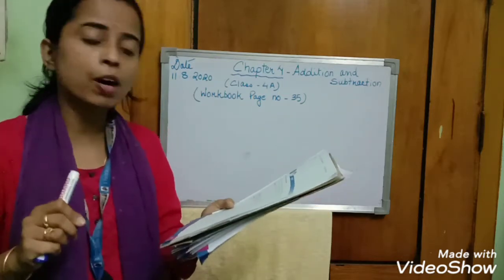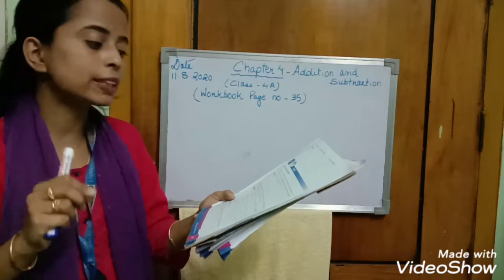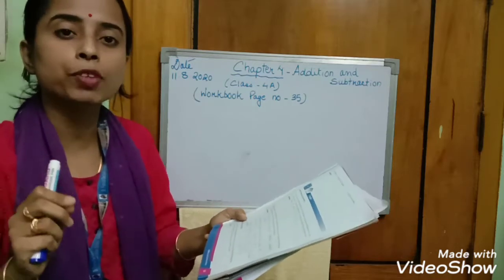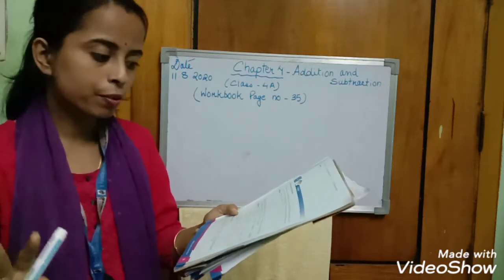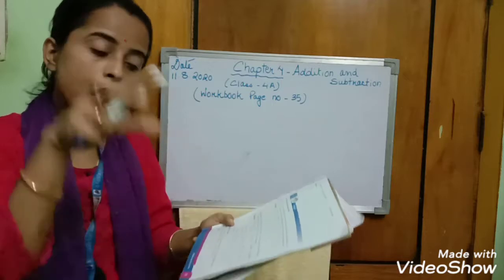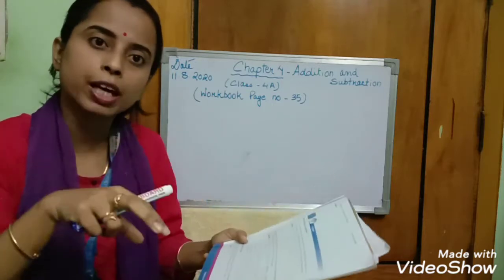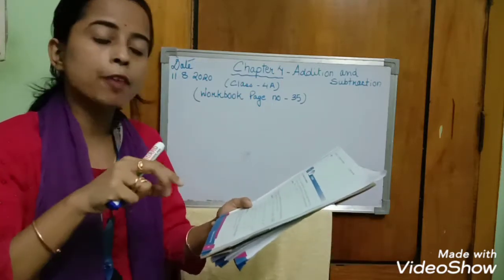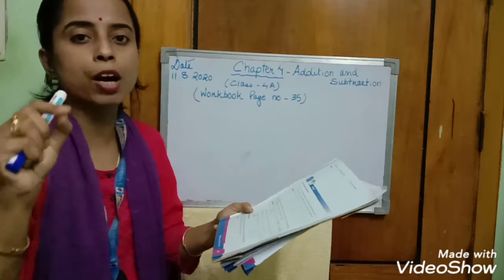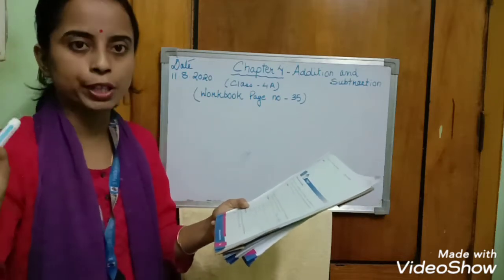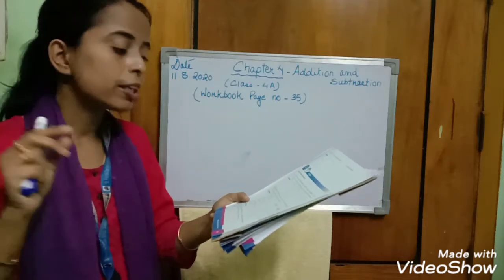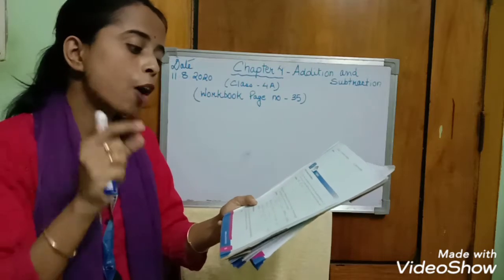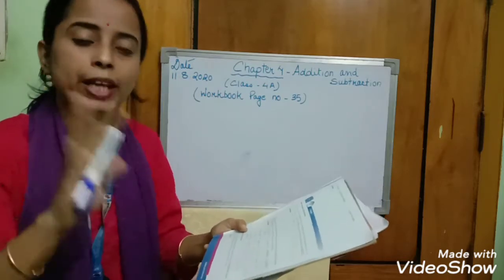Suresh had how many flowers in his garden? 33,359 flowers in his garden. Out of 33,359, he gave 11,128 flowers for the stage decoration. Okay. Now the question is asking, how many flowers are left in Suresh's garden?